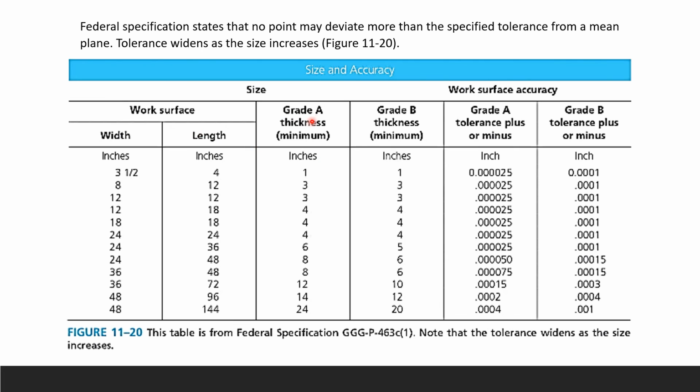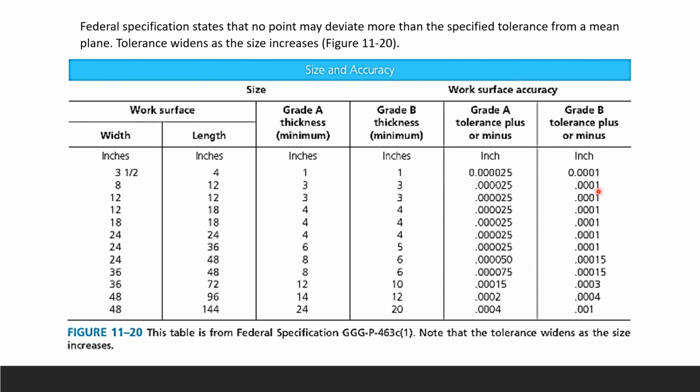Here, for grade A thickness, we have the minimum going all the way down. For grade B, your thickness is increasing. So every time you see increasing by looking at that column, you know the sizes are going up. Grade A, and then tolerance. That's your range specification.